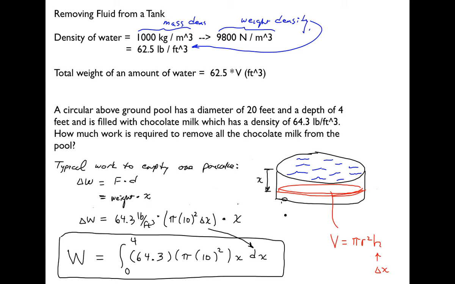Okay, so now what if there's a spout on here and all the milk has to come out through that spout, and say that spout is 2 feet.